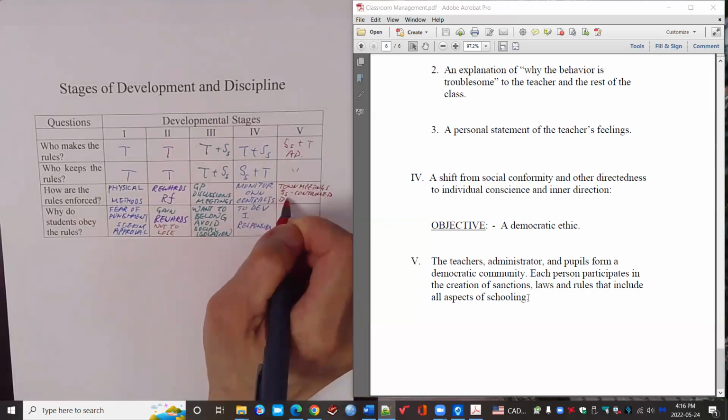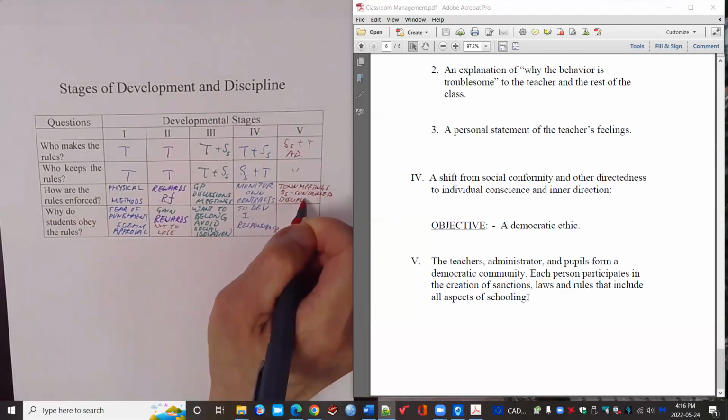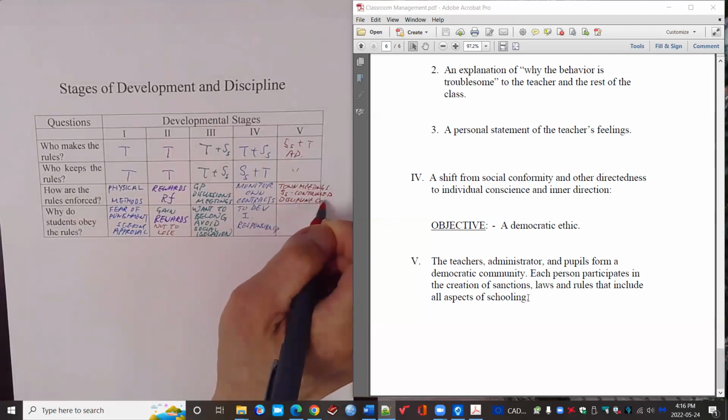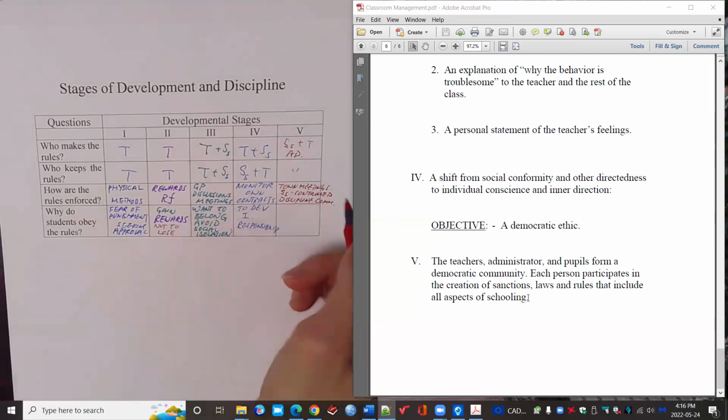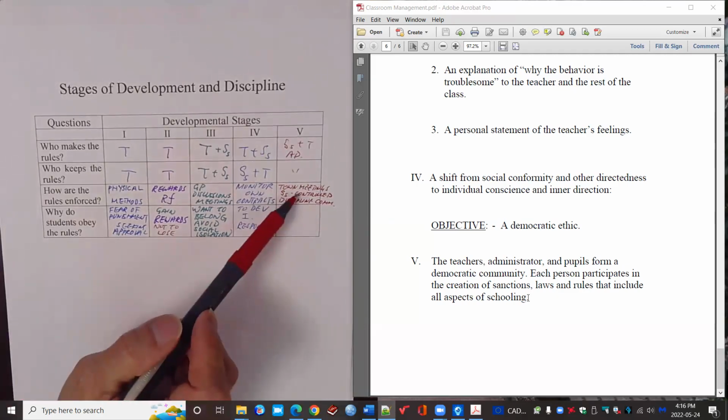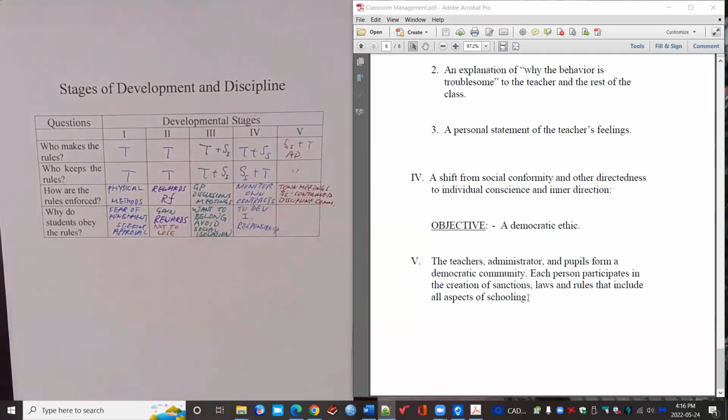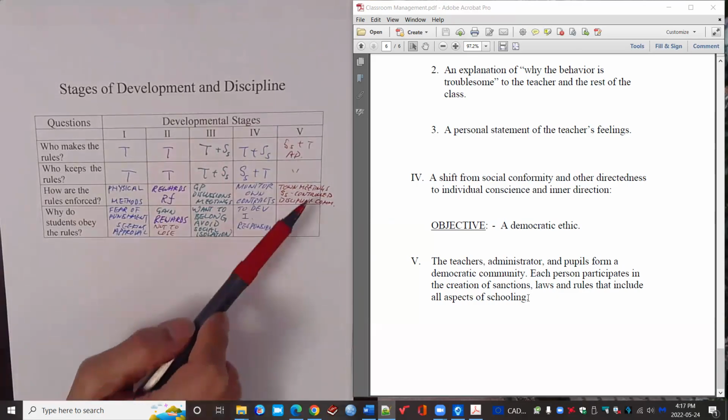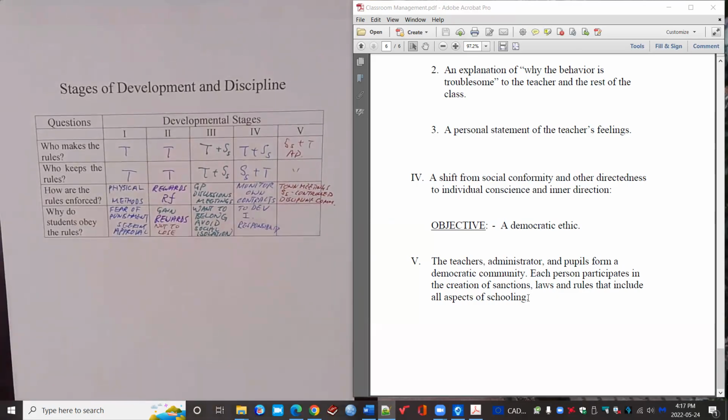Discipline committee, committee. Okay, a democratic aspect, a student controlled community. Why? Because if they do that here, the likelihood is very good that they will keep the rules. Is that right? They will do that. All right.